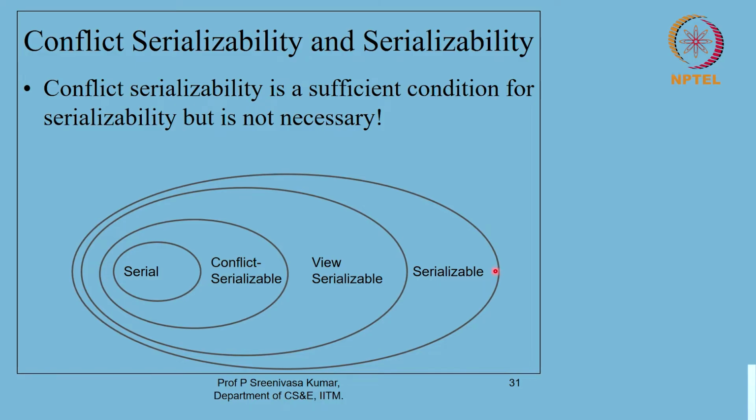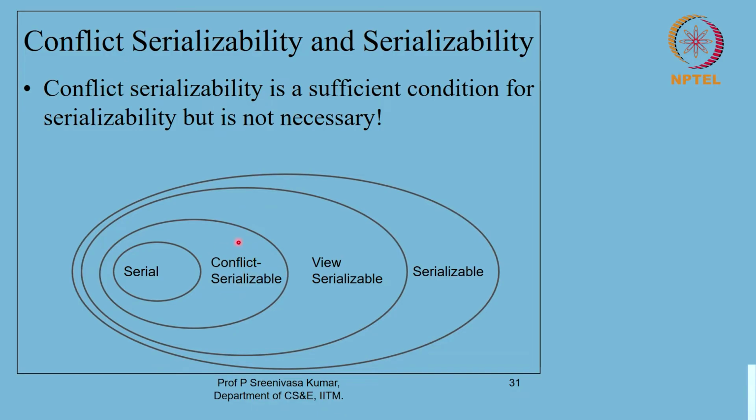We will not go into much more detail about this, but this is the general notion of serializable schedules, that means schedules that are somehow equivalent to serial schedules. Serial schedules are this class of schedules that are inside this. Conflict serializable schedules are a larger set of schedules.